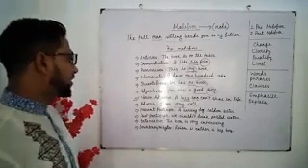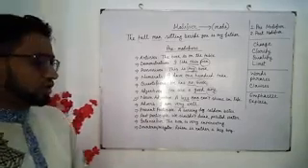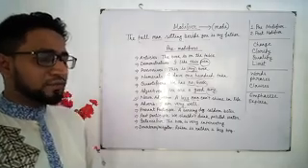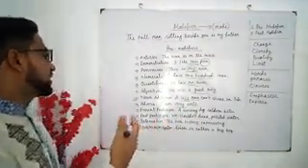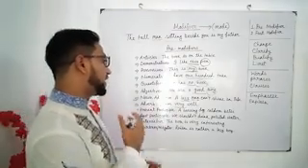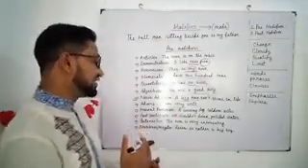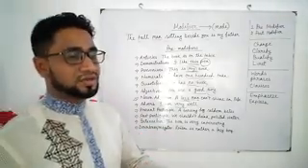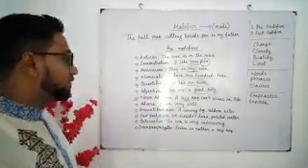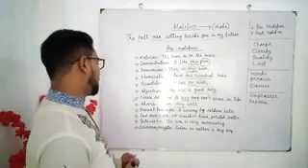I am very well. I am not normally well. I am very well. Here very is the adverb and it modifies. It clarifies the condition of the speaker, that I am very well.